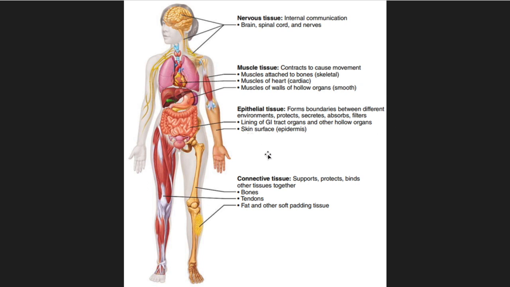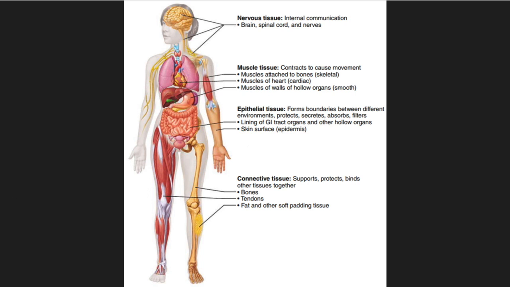Epithelial tissue, we find that in your skin, the lining of your GI tract, your respiratory tract. And then connective tissue helps to support and protect, like your bones and tendons. Adipose tissue or fat tissue is also a type of connective tissue, as well as your blood.